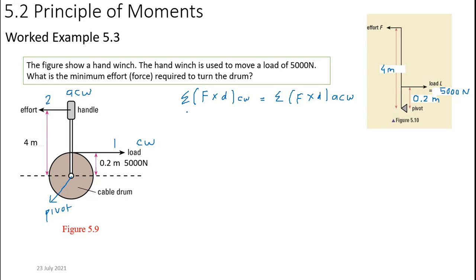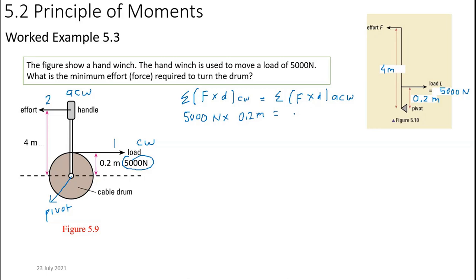What is the force for clockwise? Yeah, this is the clockwise. Force is 5,000 Newton, multiplied by the perpendicular distance. What is the perpendicular distance? 0.2 meters.